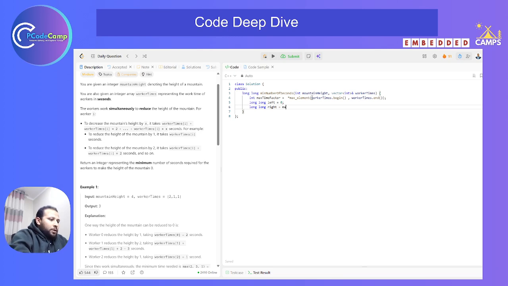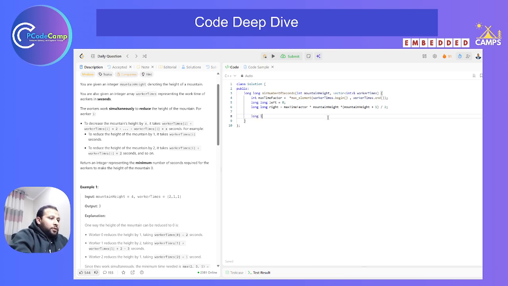So max time factor, multiplied by mountain height, multiplied by mountain height plus 1, divided by 2.